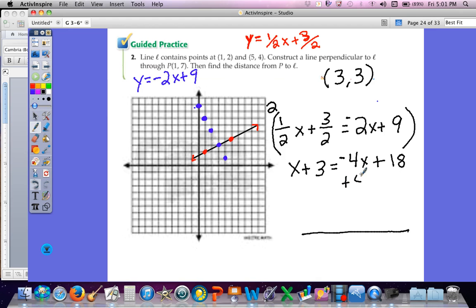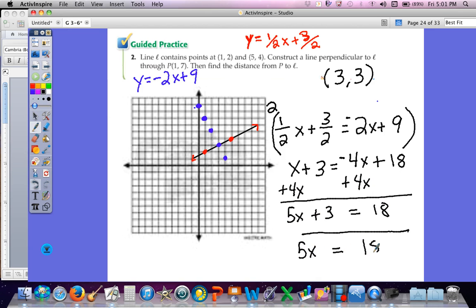I add 4x to both sides. Now I get 5x plus 3 equals 18. I subtract 3 from both sides, so 5x equals 15. x equals 3. That was what I got. Now I could plug the 3 into either equation. I'm going to plug it into this one because it has no fractions. -2 times 3 is -6. -6 plus 9 is 3.